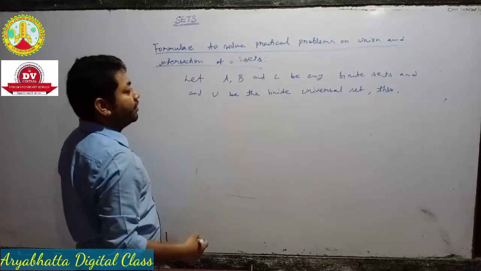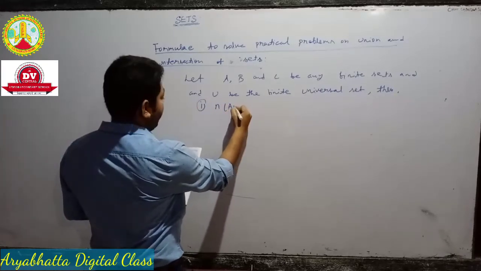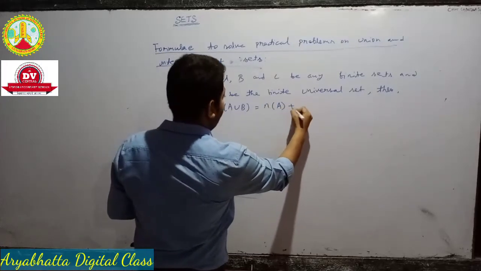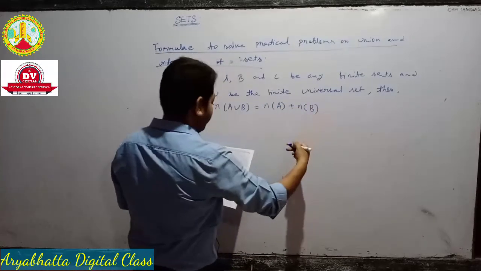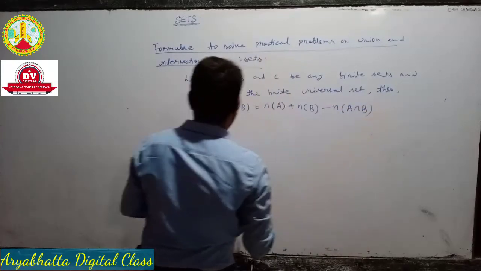And U be the finite universal set. Then number 1, n of (A union B) is equal to n of A plus n of B minus n of (A intersection B).